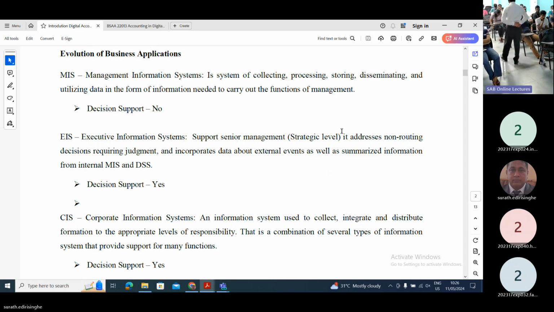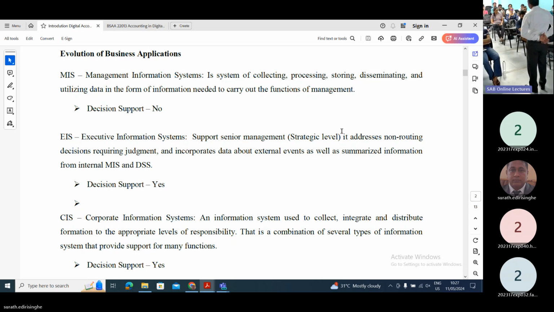Low level people also use it, but it is mostly used by the top level people. The nature of the executive information system is non-routine. The MIS is for routine, day-to-day activity. The EIS is normally used by top level and strategic level people for non-routine decisions.